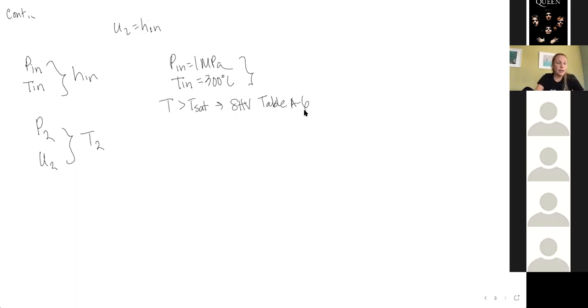So when we go to table A6 at 1 megapascal, I can look up my H value at 300 degrees Celsius, and I get 3051.6 kilojoules per kilogram.